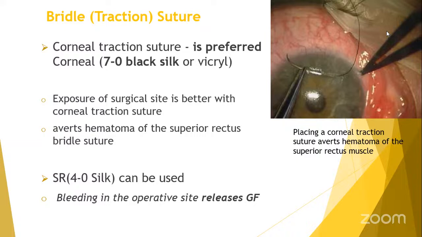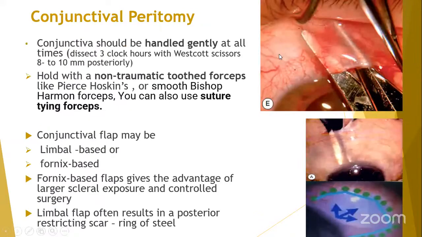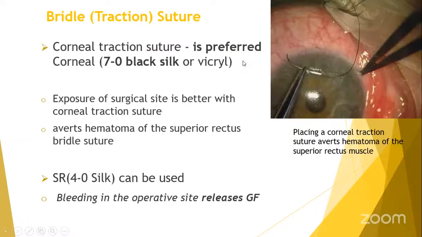You can use the 7/0 black silk or Vicryl, but endeavor to put some barrier in the inferior cornea so that the suture does not abrade the cornea.